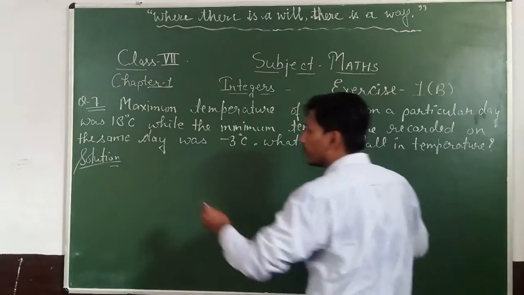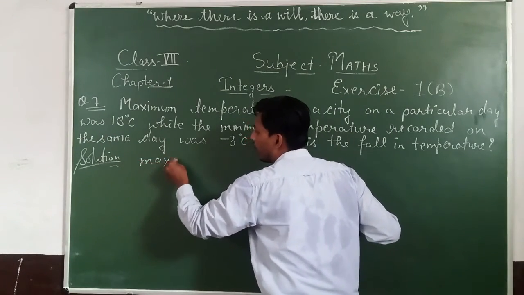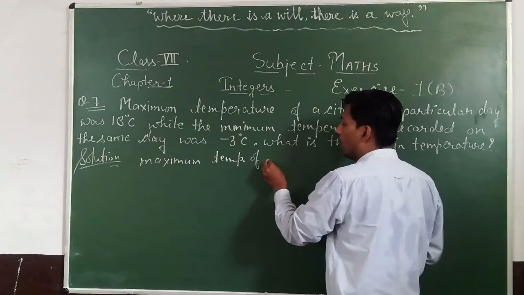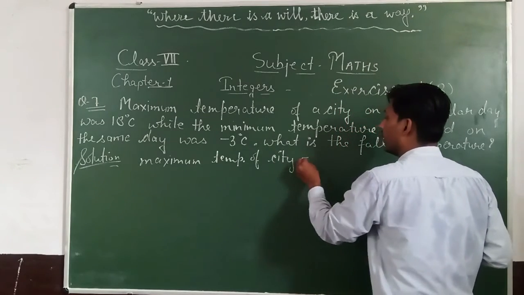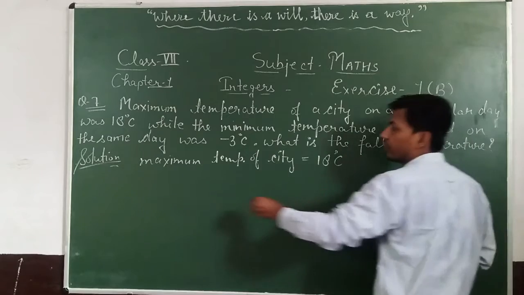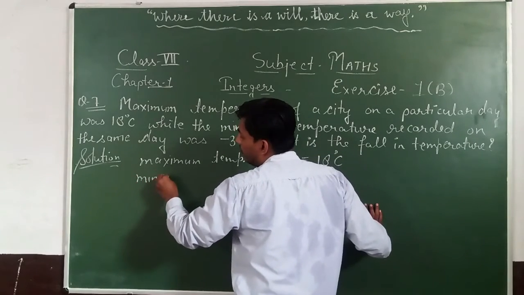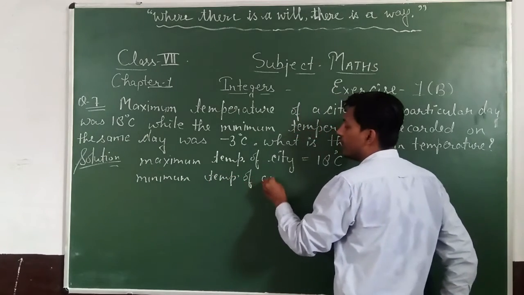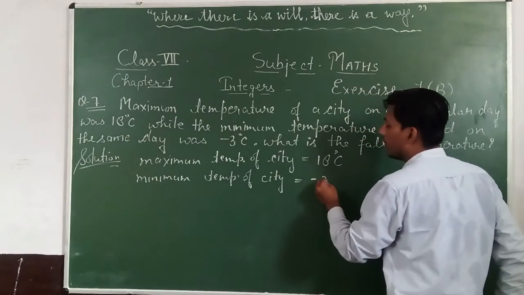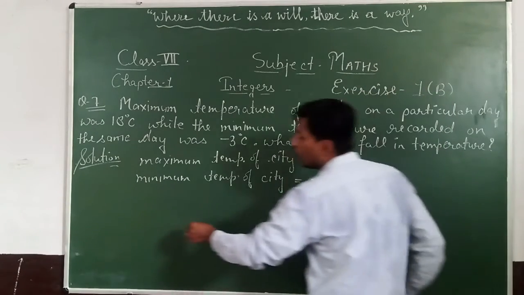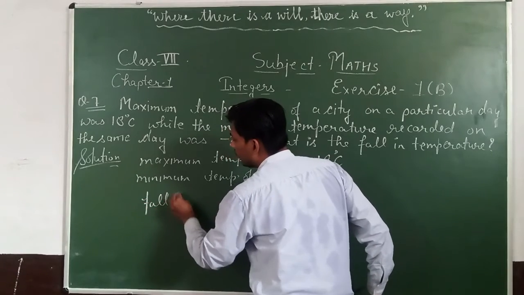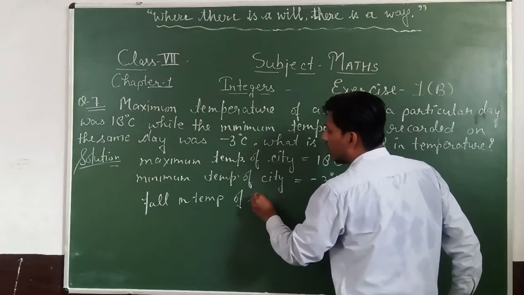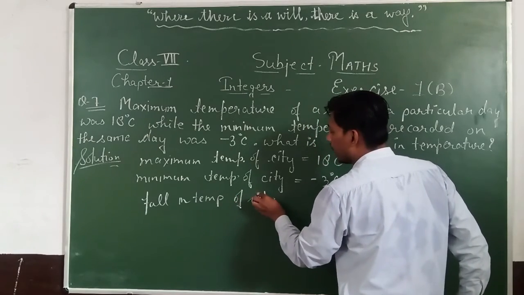So let's start. Maximum temperature of the city is 18 degrees Celsius. Minimum temperature of the city is -3 degrees Celsius. So the fall in temperature of the city on that day will be their difference.